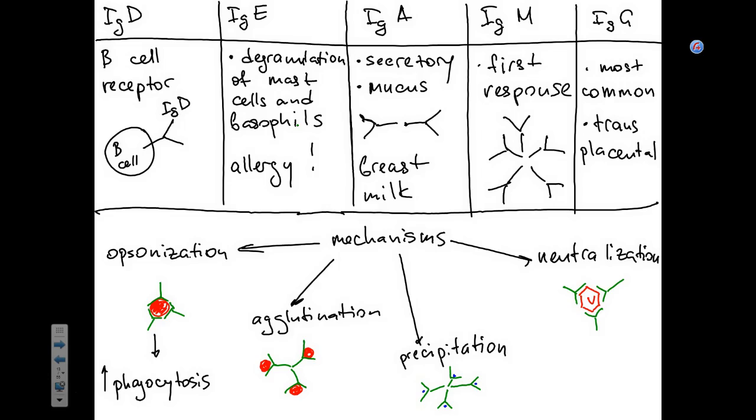And the fifth mechanism, I want to remind you, is complement activation via the classical pathway. I'm not going to picture this, we've talked about it, but these are five mechanisms for antibodies to work.